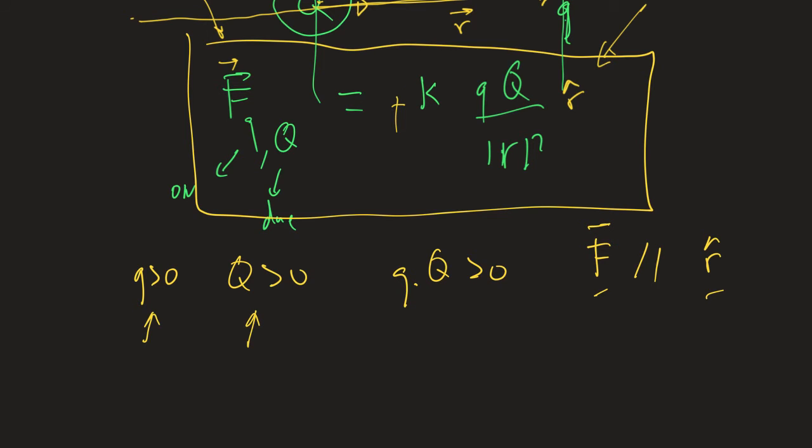So if I put here Q positive, and I put here q positive, I make interaction, and the interaction follows this rule. This is the source, the capital Q. This is the vector r. This is the vector r with a cap. And the force, in this case, is following the little r.